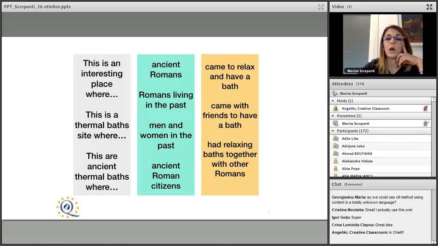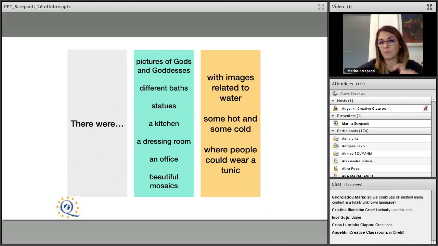It's a way to let them be supported while creating the sentence. This is an interesting place where Romans living in the past came to relax and have a bath, for example. Okay? They can create the sentences.